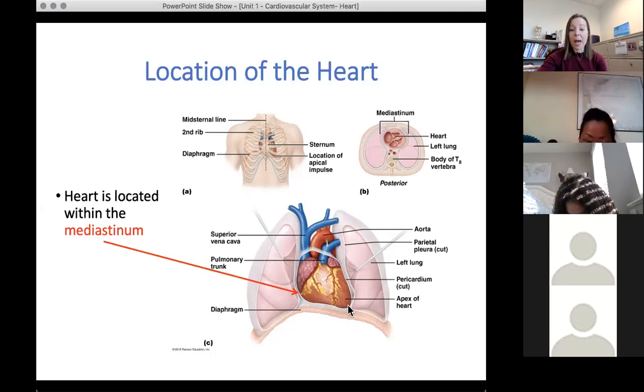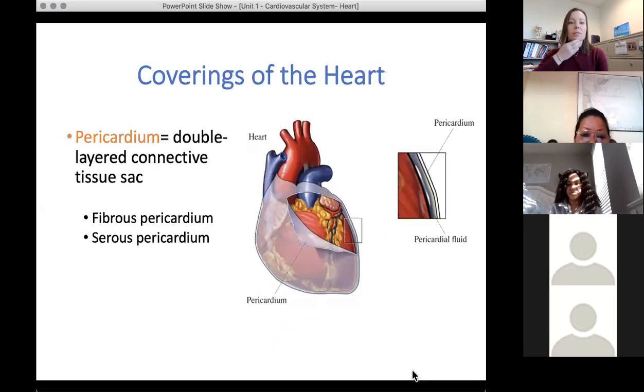The apex of the heart is the pointed bottom portion down here. I'm sorry, can you repeat that again? Yep, the apex is the pointed bottom portion. Okay.